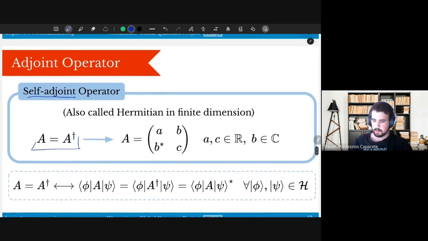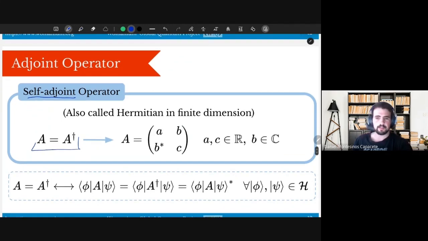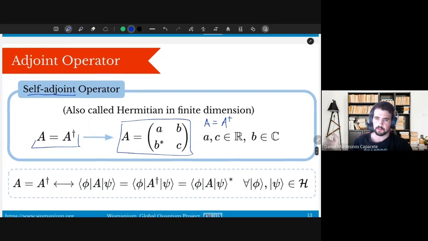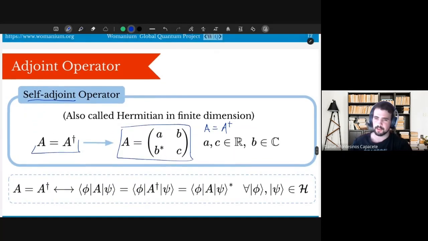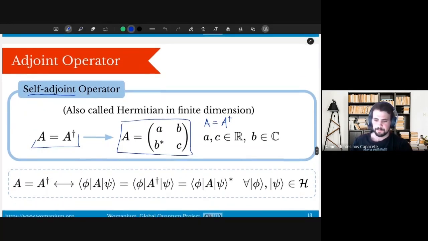I will leave you as an exercise if you want to check why if you write a matrix in this way, it will always satisfy this condition, right? You can check that. It's not difficult. Just apply the operation I have defined in the last slide.